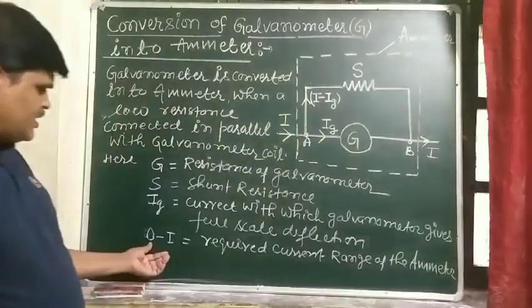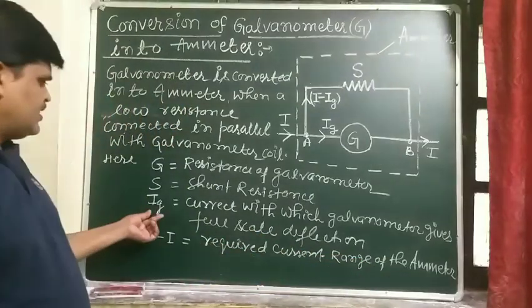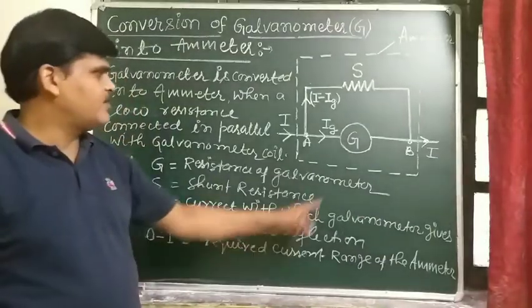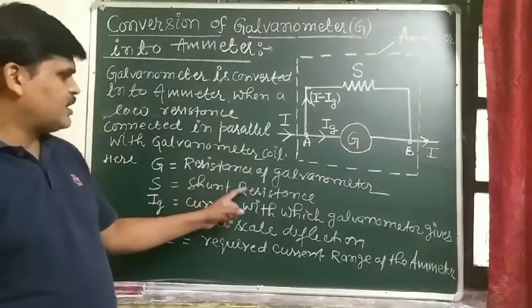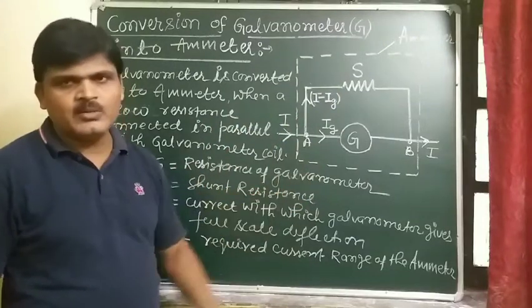So 0 to I is the required current range of the ammeter. Ig is the current with which the galvanometer gives full scale deflection. S is the shunt resistance. G is the resistance of the galvanometer.